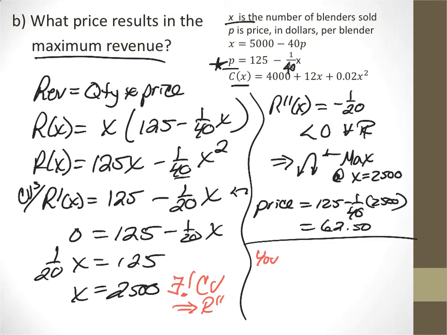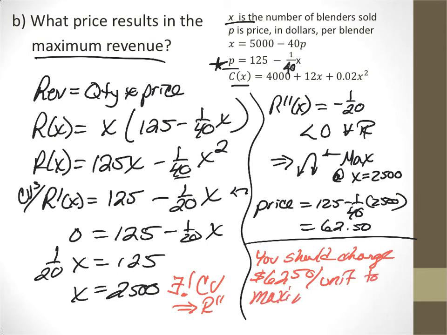You should charge $62.50 per unit, and remember they're blenders, $62.50 per blender to maximize revenue. Remember, they're not asking us to actually find that max revenue here. They're just asking us what price we should charge.